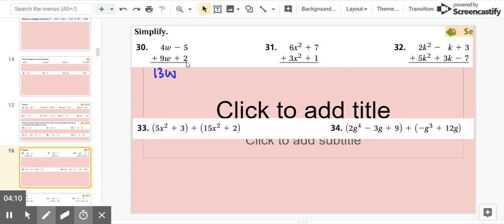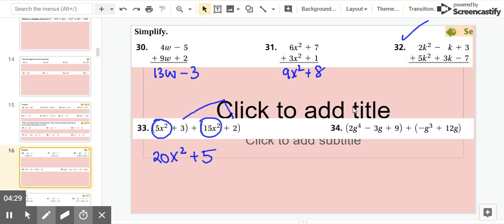What's negative 5 plus 2? It's minus 3. And we have 9x squared plus 8, right? And then you just add them together. I'm going to let you do it by yourself. We have like terms, these two like terms, 20x squared, and these two like terms, which is 5. So I need you to do these 2 questions by yourself in a couple of minutes.